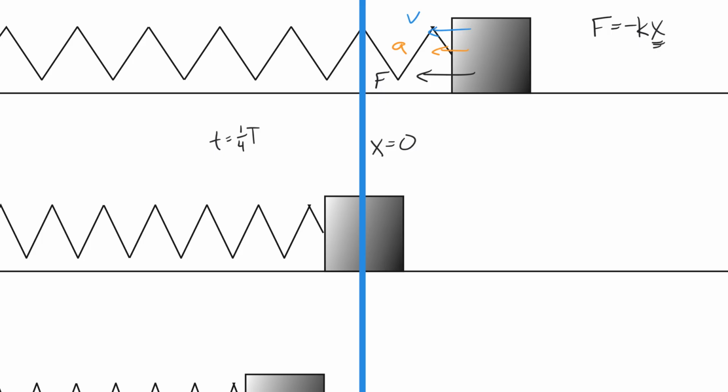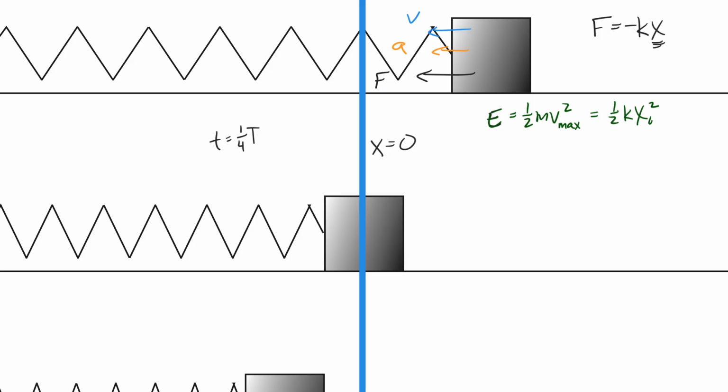So all of the energy is going to be in the form of kinetic energy, which means we must be traveling at the fastest we're going to be traveling. Right, we've been accelerating all the way to this moment, getting faster and faster, but now all the energy is kinetic, and that has to equal the original amount of potential energy we had.